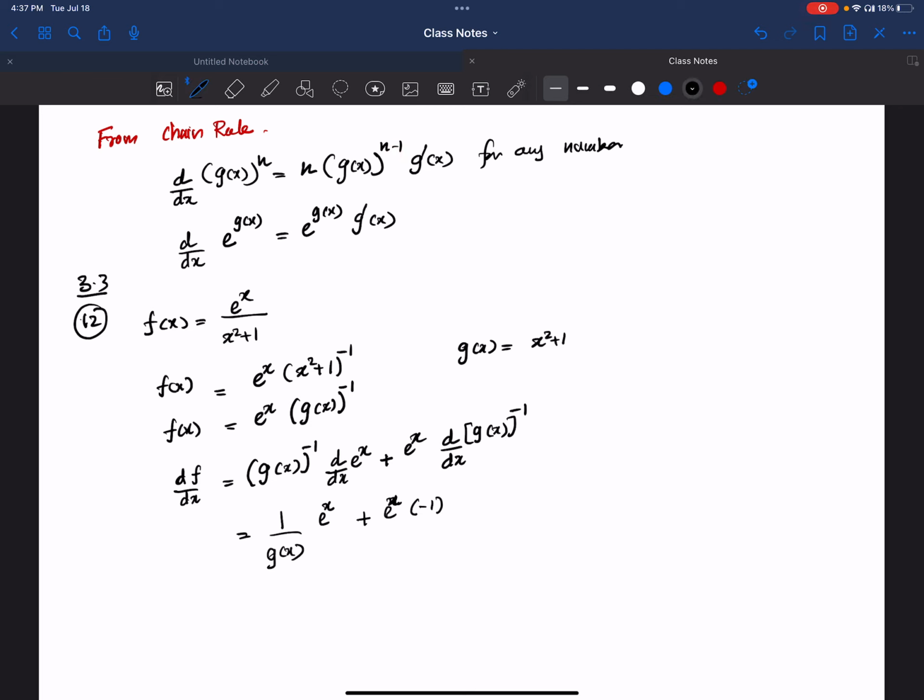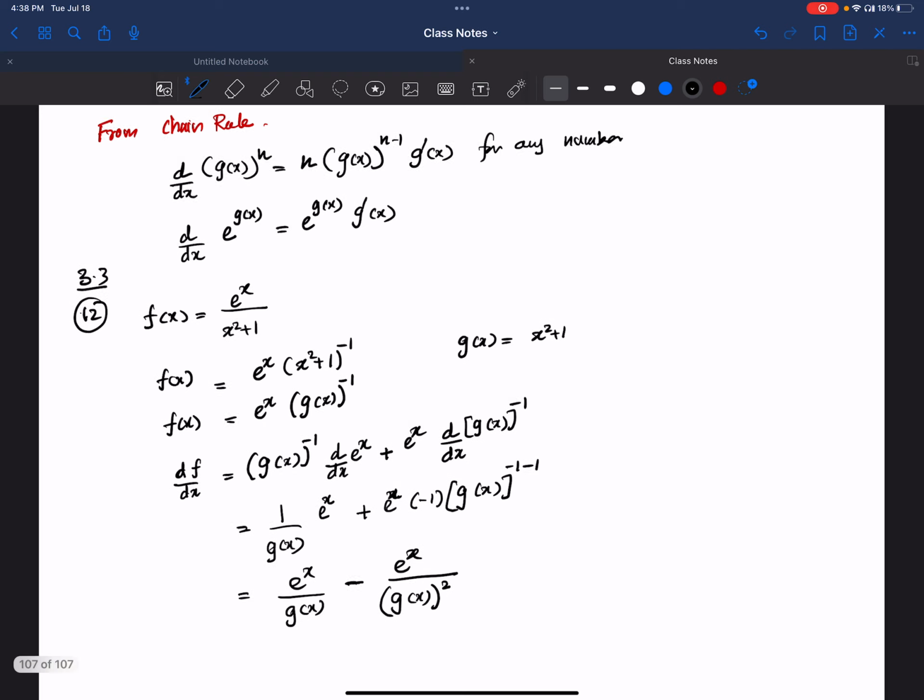So you can put g of x to the power negative 1 minus 1, which is g of x squared. So you have e to the power x over g of x, minus e to the power x g prime of x over g of x squared.